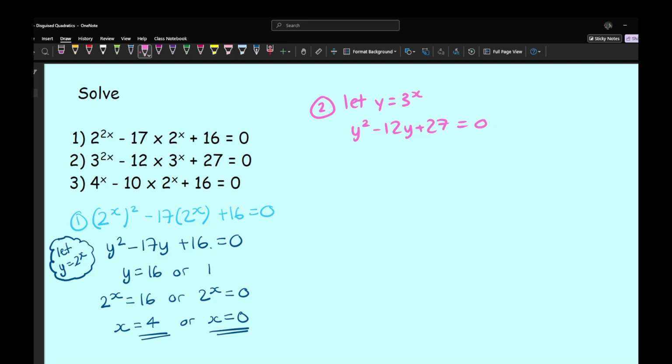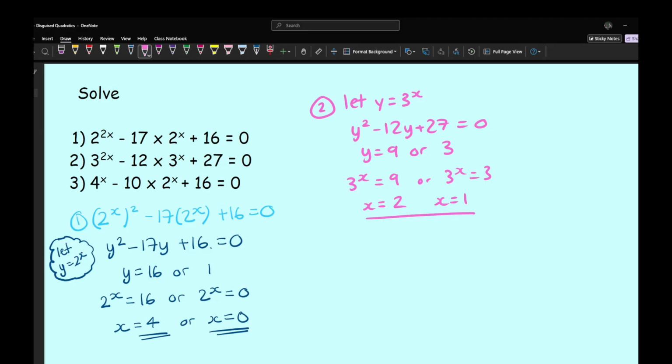Going on to solve that, we end up with a y value of 9 or 3. So therefore 3 to the power of x equals 9, or 3 to the power of x equals 3, in which we get x values of 2 or 1 for that.